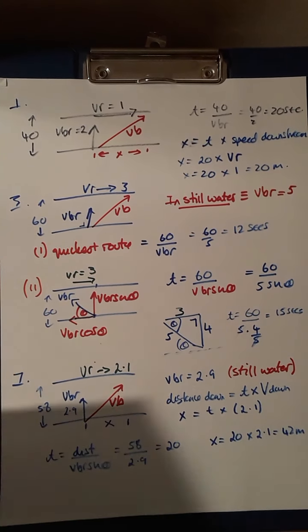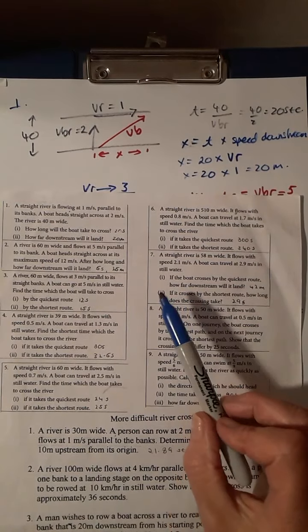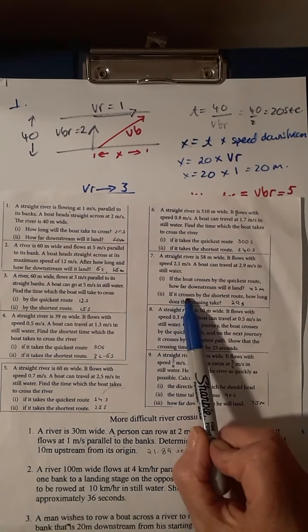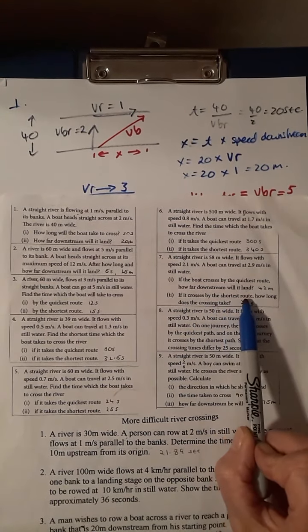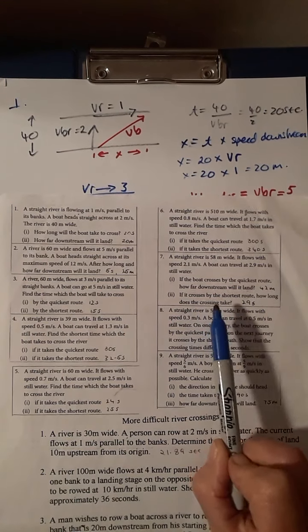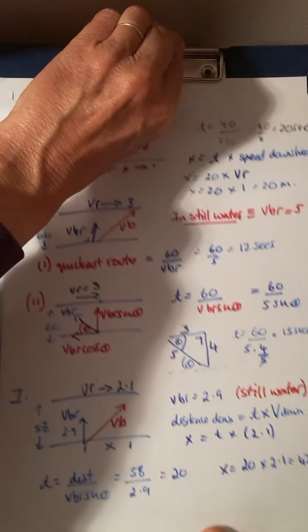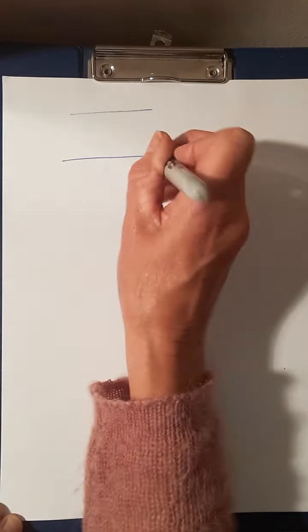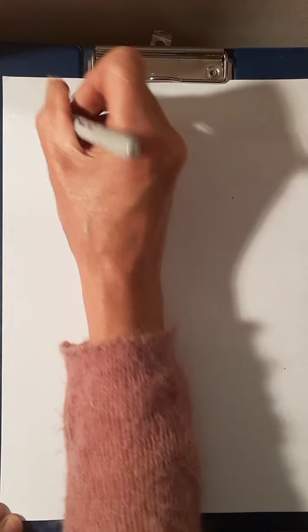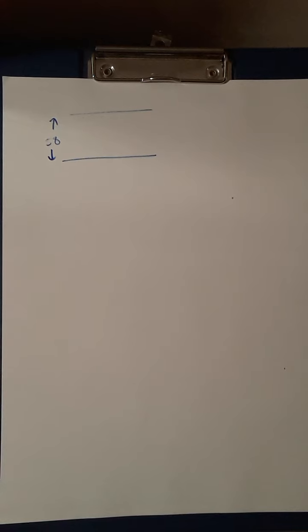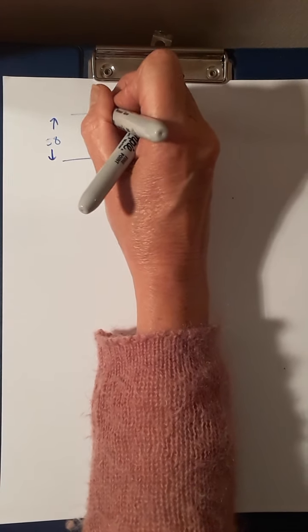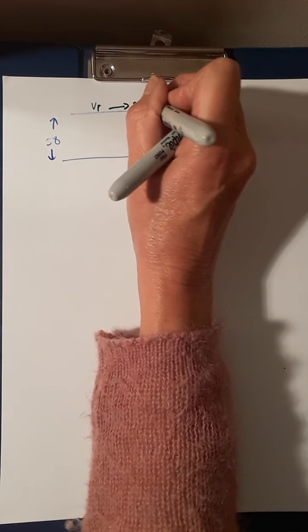Now, the second part of that question says, same river, if this boat crosses by the shortest route, how long does the crossing take? Okay, so let's get rid of this. Same river, it's 58 metres wide. We still have that river velocity, VR, 2.1.